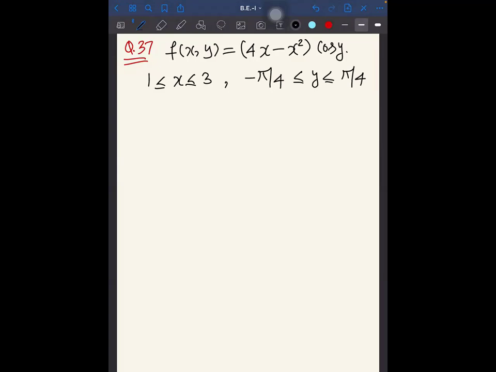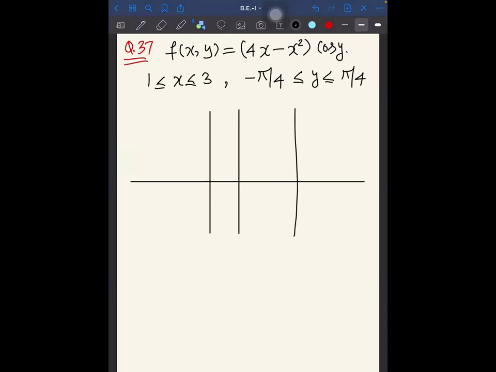So that's the idea. Again, let's draw it and see how this can be formed. In the last question, the line was x equals 0, but here the line is x is equal to 1. And we have x is equal to 3, and then y is equal to pi by 4, and y is equal to minus pi by 4.